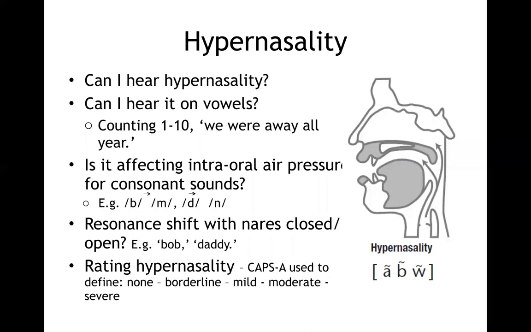It's a really good way, if the child is replacing an oral consonant with a nasal consonant, just by very quickly holding their nose, it's a very quick way of checking if it does help.